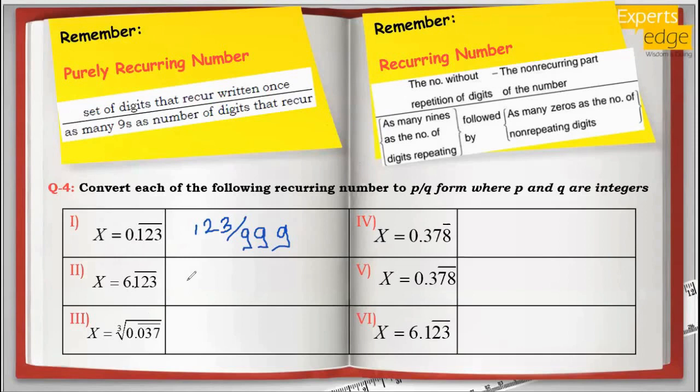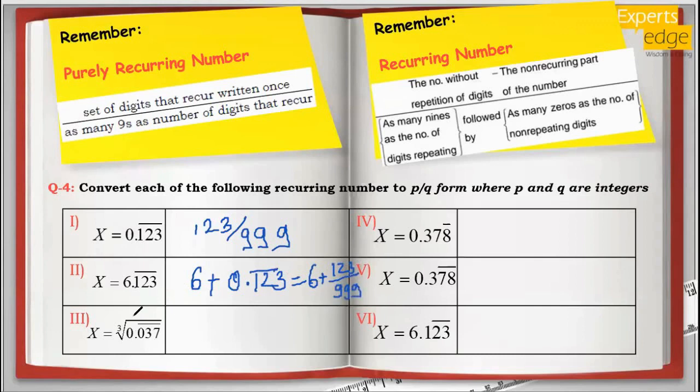So basically we can write like this. 6.5 can be written as 6 plus 0.5. So I'm just separating the decimal part. I just took the example of 0.5, it's not 0.5 actually. So I can write it as 6 plus 0.123 bar. So basically this number is 6 plus 123 upon 999.